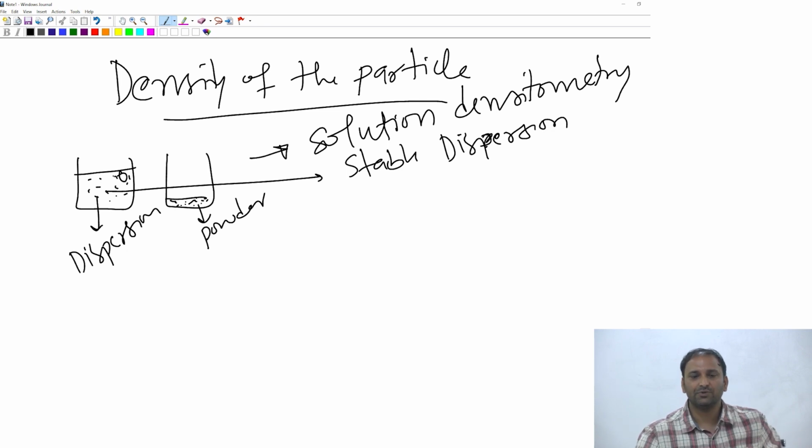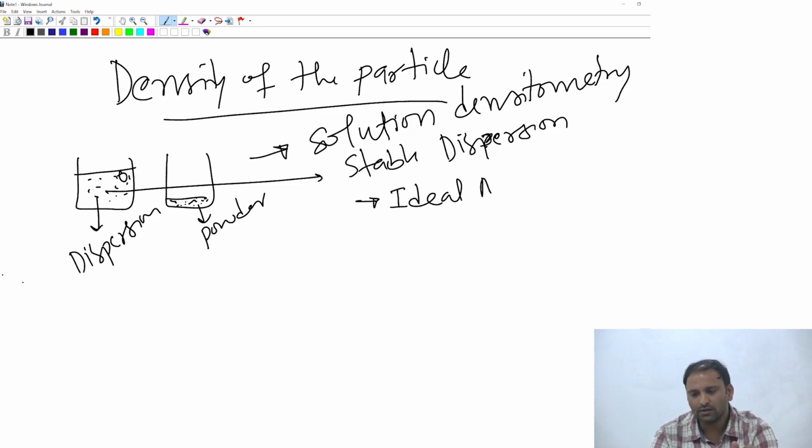What I mean by a stable dispersion is that if I take samples from different locations within the container, they should have the same number of particles, and they should exist as individual particles and things like that. If I am able to prepare a stable dispersion, what I can do is use something called an ideal mixing rule.